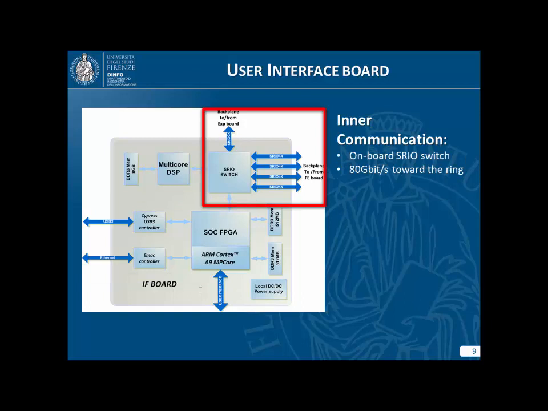So the board is connected internally through a serial rapid I/O switch, which brings a total of 80 gigabit per second of bandwidth to the ring. I say 80, it was 40 before, because there are 2 branches for each board, and each branch has 40 gigabit per second.